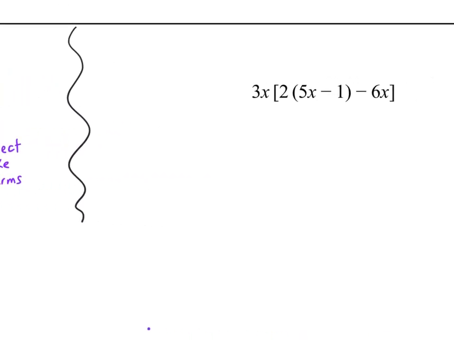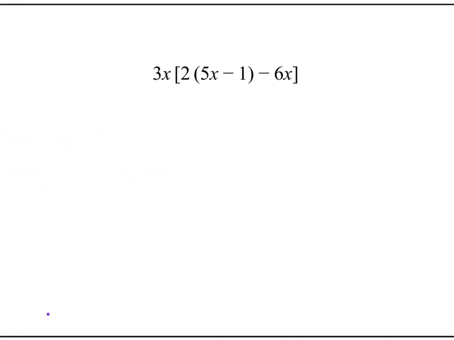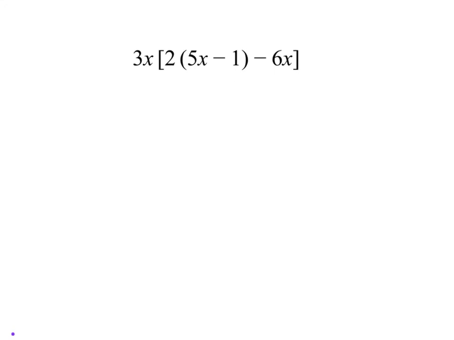Now in the second example, you also have two sets of distributive law, but you've got one set inside the other set. So the first thing you're going to do is the distributive law that is inside the bracket.